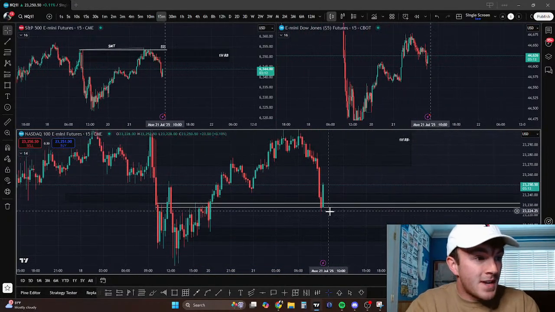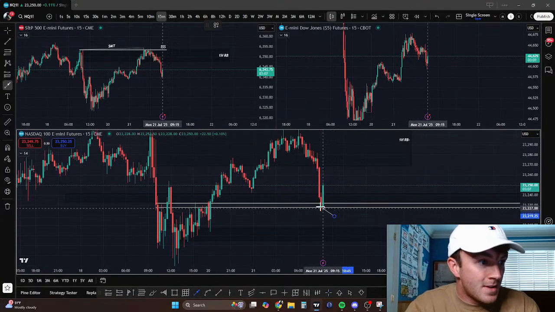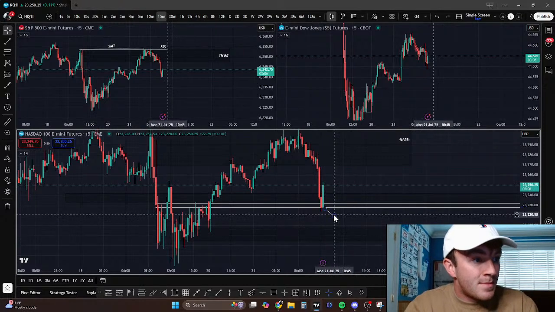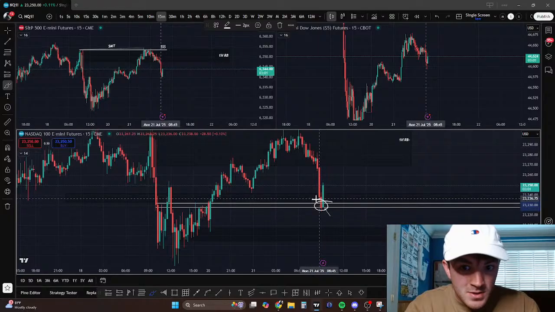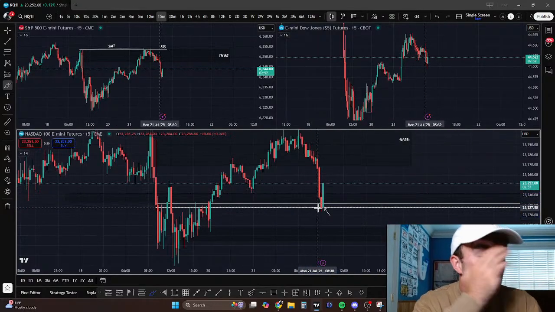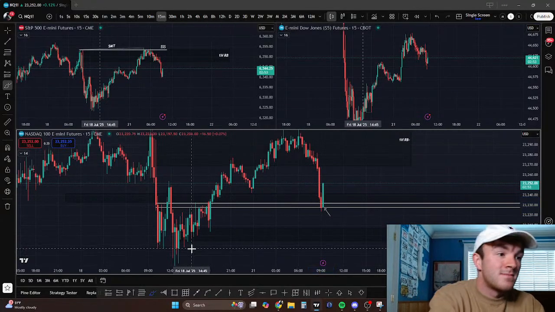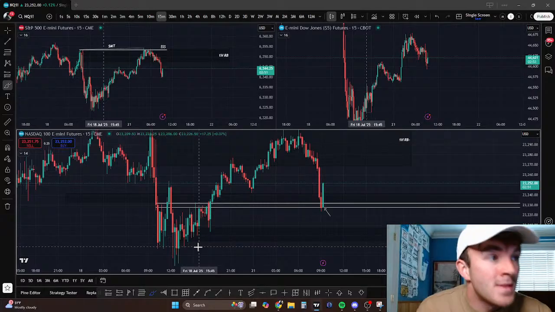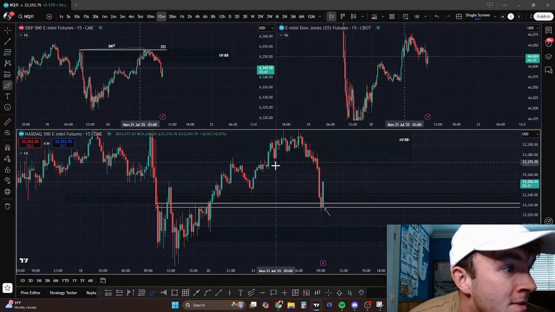But look at how precise this volume imbalance was, guys. You guys see this volume imbalance? The market respected it perfectly. This is what I mean when I say the market is just way too precise. Like, way too precise. It's like crazy. Like, that is absurd. So this is nice displacement lower.